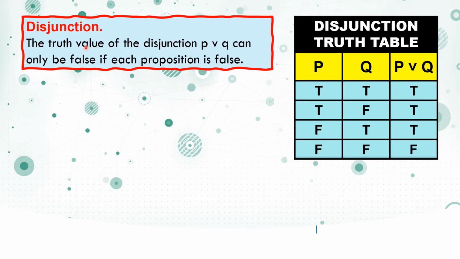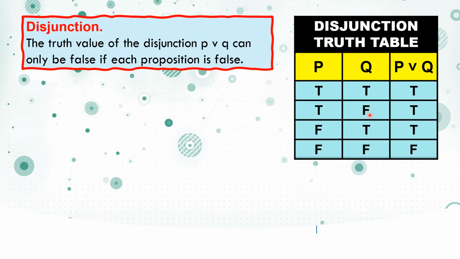So sabi dito, yung disjunction, ang truth value niya ay false kapag both propositions are false. So dapat both false para yung truth value ng disjunction is false. So dito, true, true, the truth value is true.